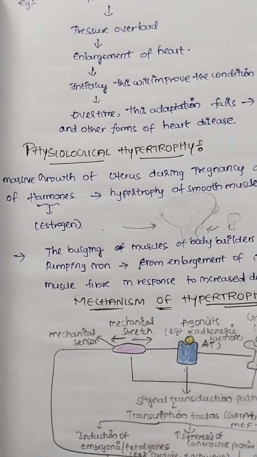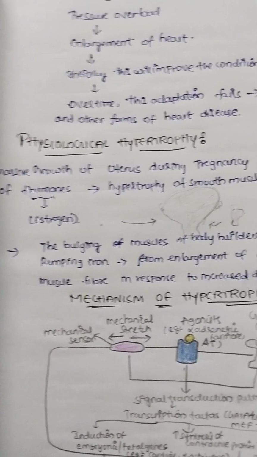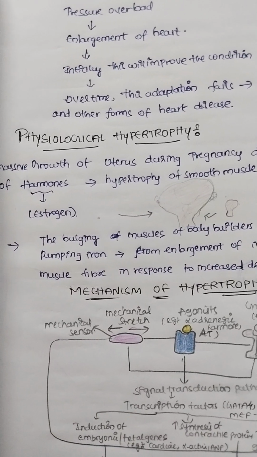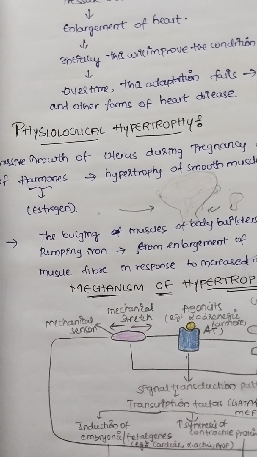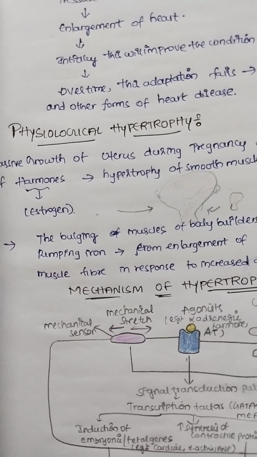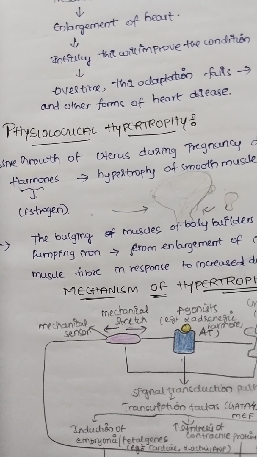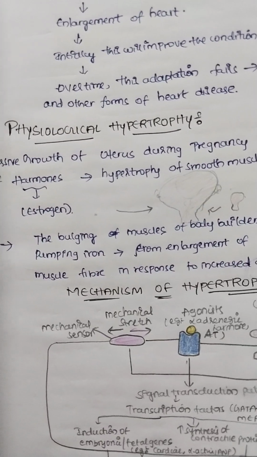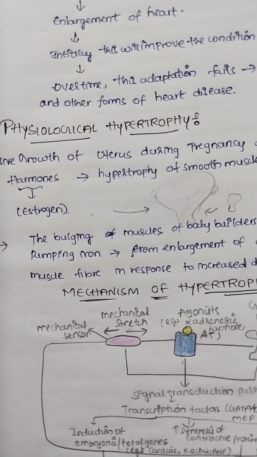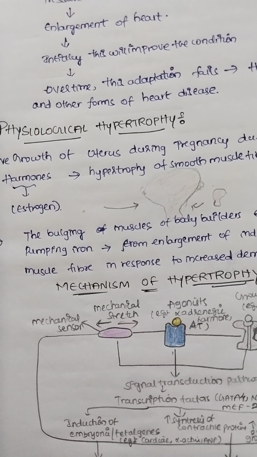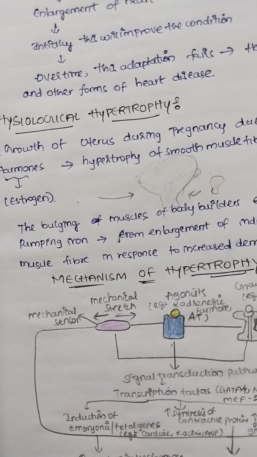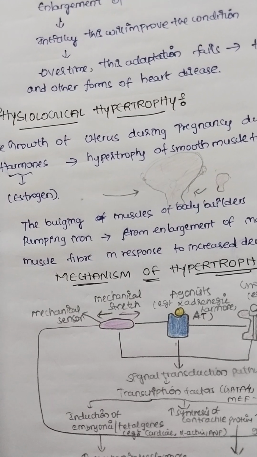Heart myocytes will be enlarging, so enlargement of the heart will occur. Initially this condition will be improved by enlarging the heart and synthesizing more myofilaments, more protein, and more force of contraction. But over time this adaptation will fail, leading to various heart diseases.